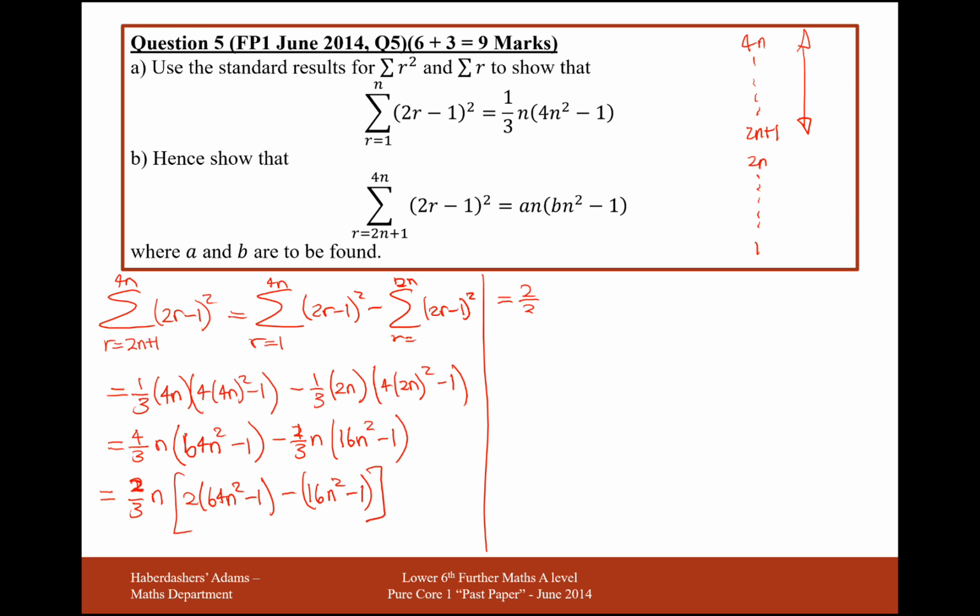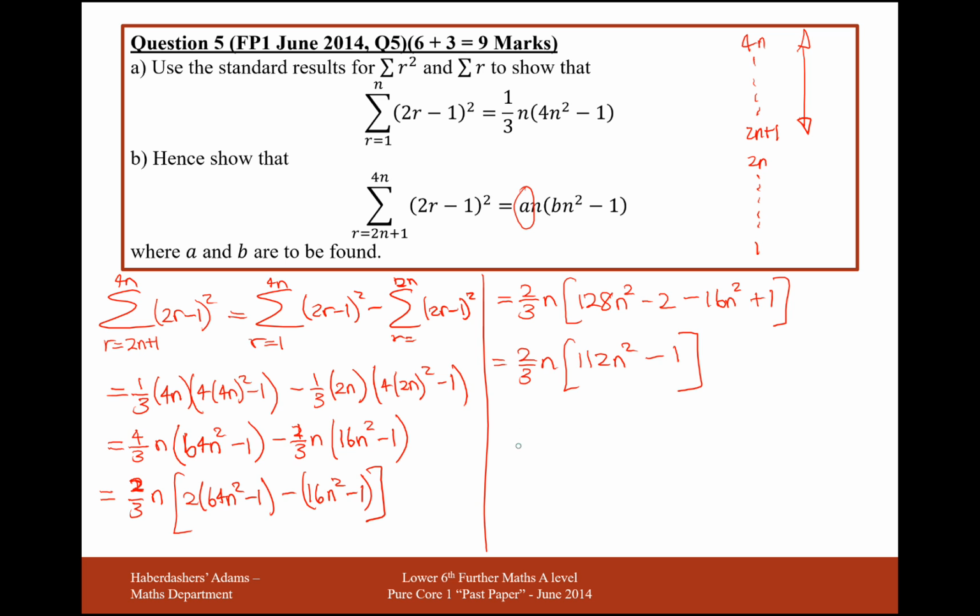So 2 over 3 n, and then in brackets 128n squared, take away 2, take away 16n squared, add 1. So that's going to be 2 over 3 n, bracket, and then do the subtraction there, you get 112n squared, take away 1. And then that's what we've got for our answer.